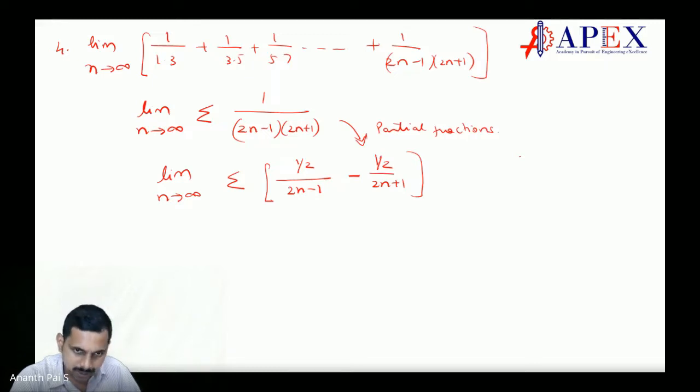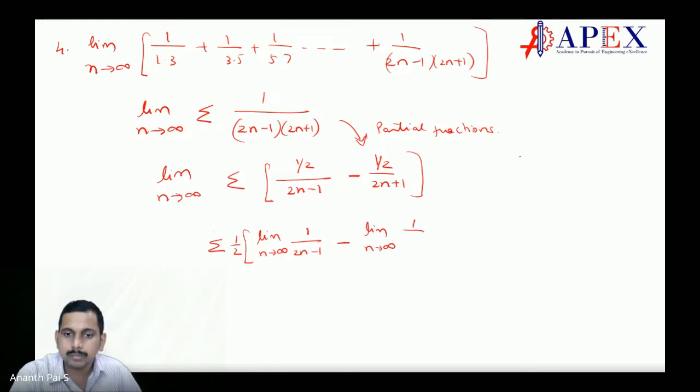Using partial fractions I got this. And in this fashion, I can take limit n tending to infinity, sigma of half divided by 2n minus 1, and this half can go out, 1 minus limit n tending to infinity 1 by 2n plus 1, correct?